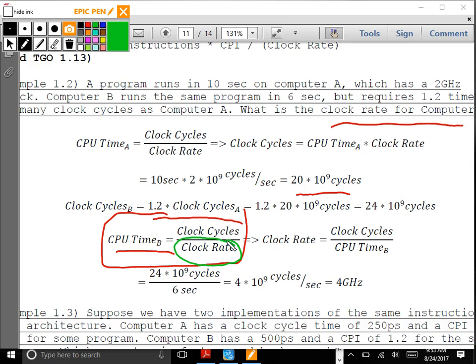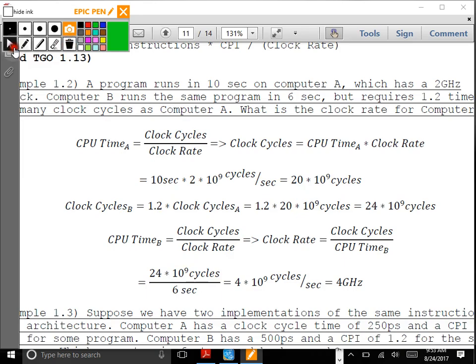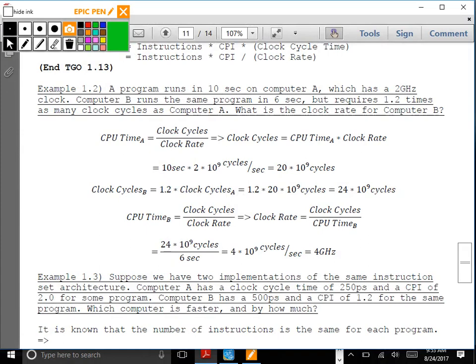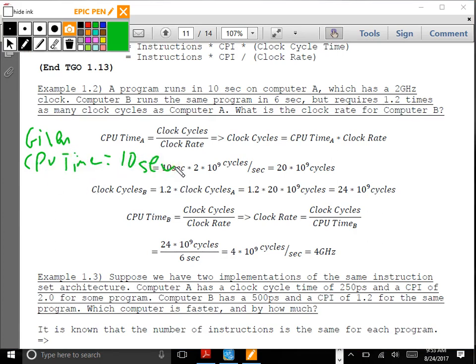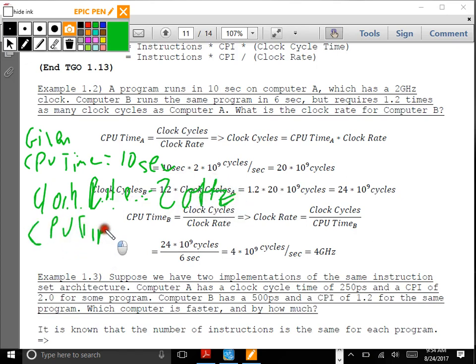Let me give you some advice here on the exam. You want to write "given." So we know that CPU time of A equals 10 seconds. We knew the clock rate equals 2 gigahertz. We knew CPU time of B is equal to 6 seconds.